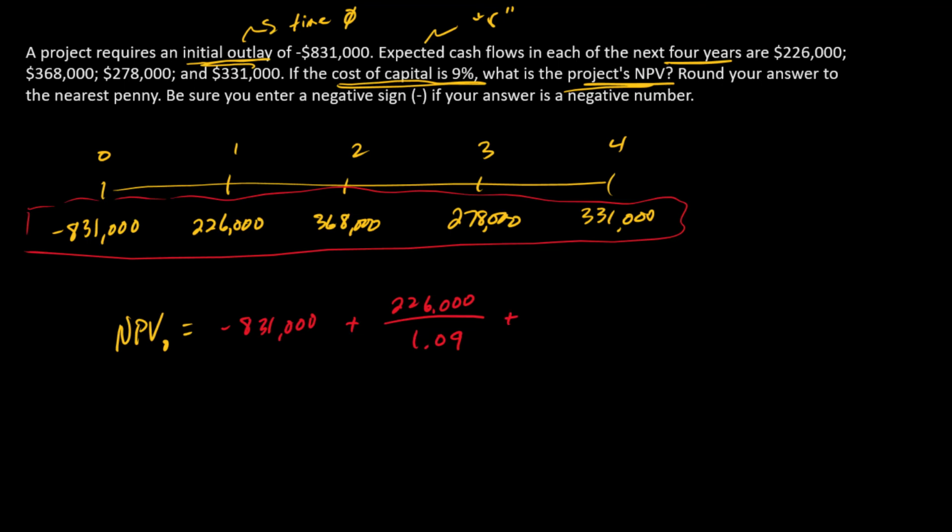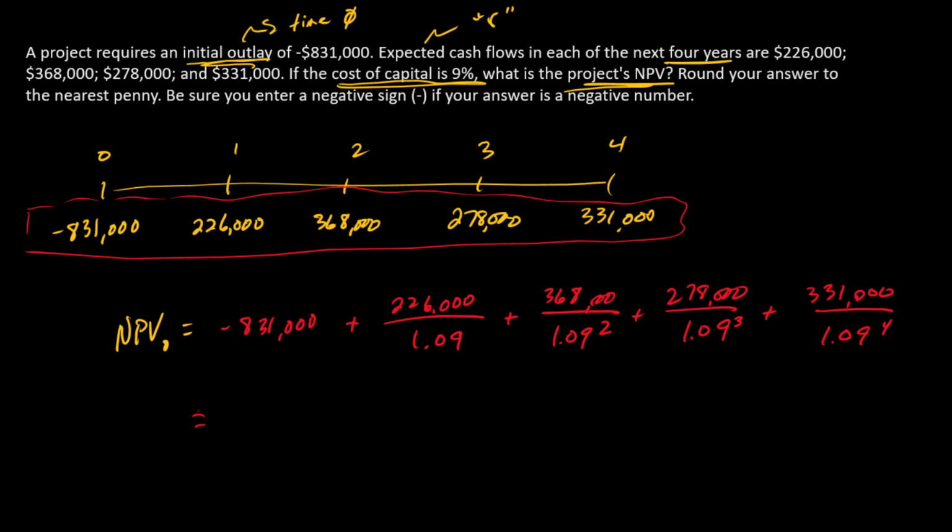Discount 1 period. Present value of the second one, we discount 2 periods. Present value of the third one, we discount 3 periods. And finally, the present value of the fourth one, we discount 4 periods.